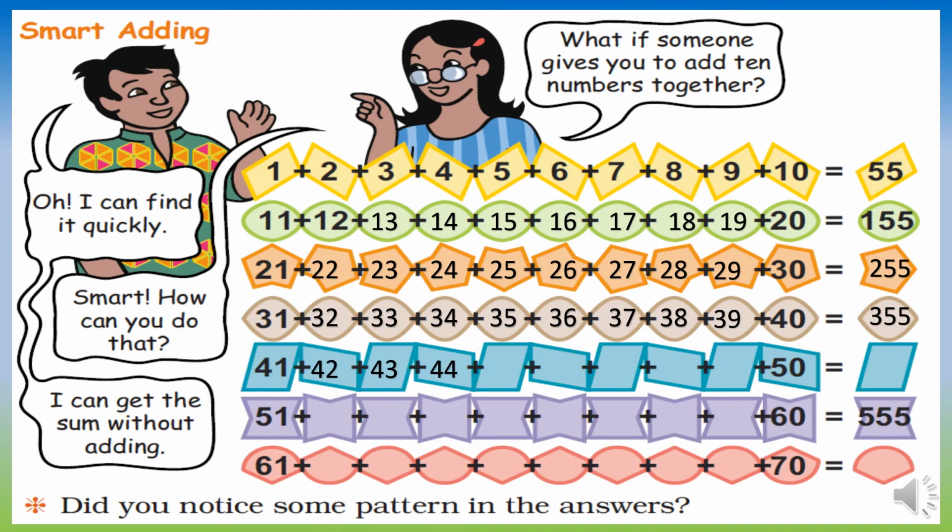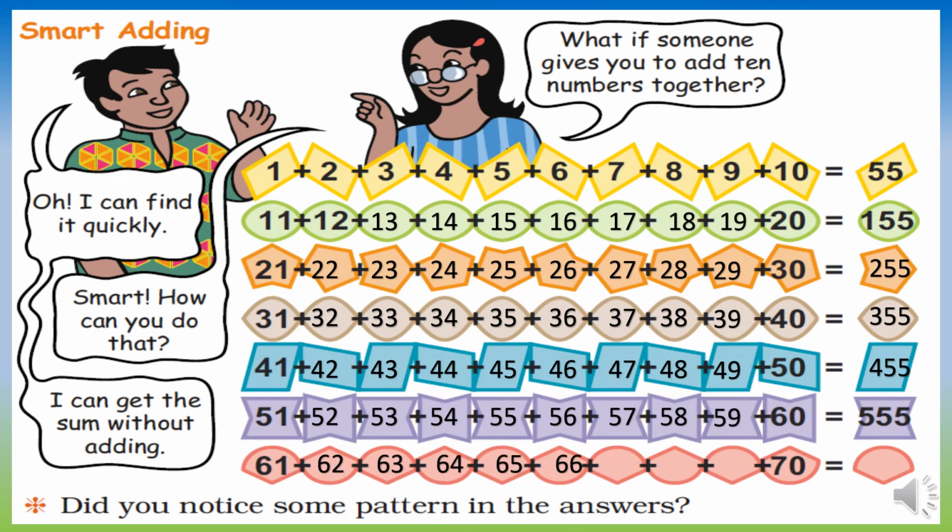Then 41 to 50 is equal to 455. 51 to 60 is equal to 555, and 61 to 70 would be 655. So you can see the patterns.